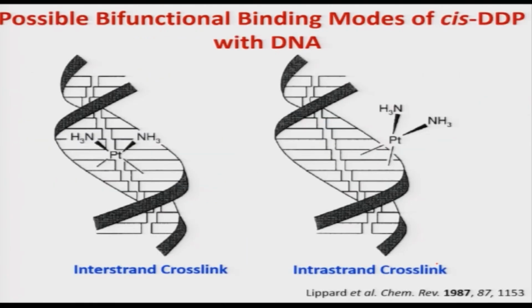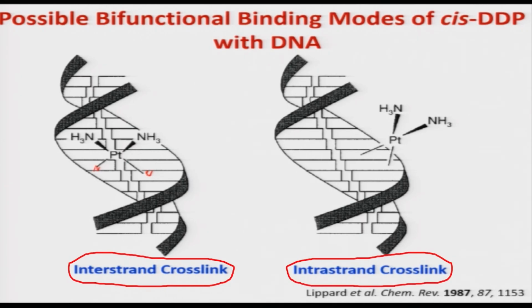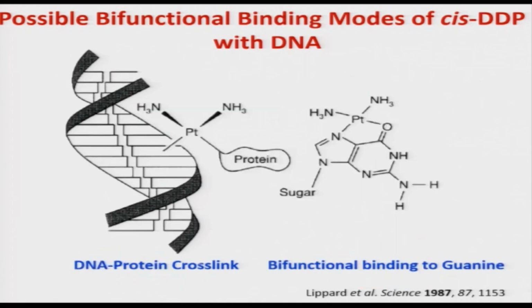Now, this is the interstrand cross linking of the cisplatin with the DNA double helix. As you can see, platinum is coordinated with two nitrogens from two sides, and this is the intrastrand cross linking of the cisplatin with the DNA. The DNA protein cross link is shown over here.